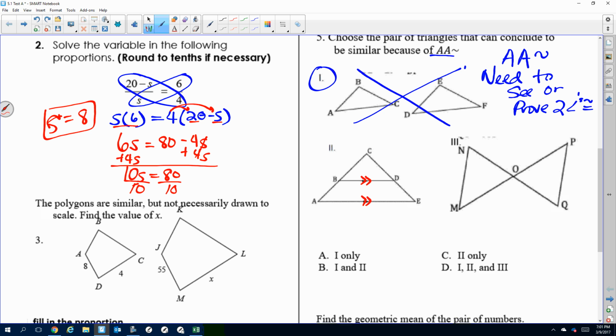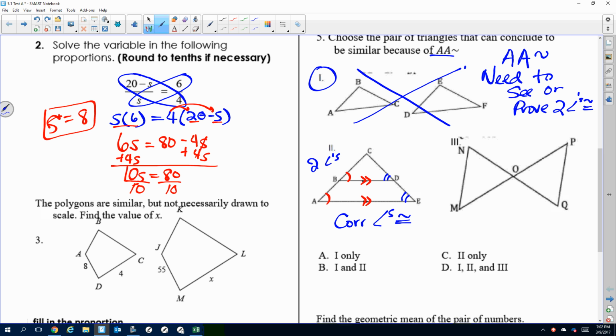So a known fact, something you can prove that two angles are congruent. Because if I see the arrows, then the angles on the same side, like both on the left, B and A, and D and E, are going to be congruent because they are what we call corresponding angles. And corresponding angles are congruent when you have parallel lines on the same side. So now I see 2 angles here.